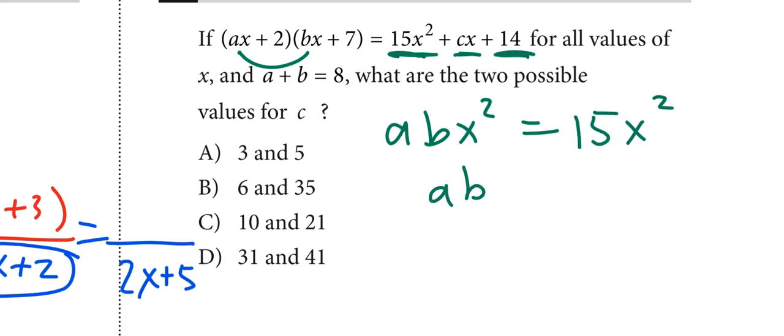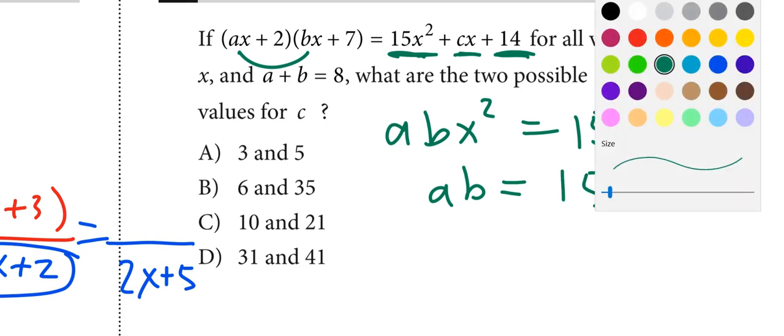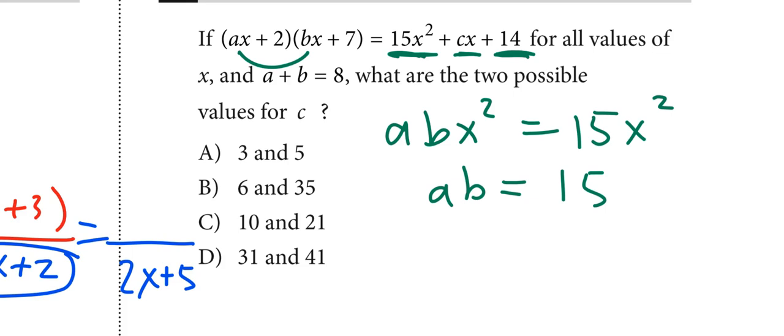What does that tell me about the product of A times B? It's 15. Okay, so that's helpful. At least we know the two numbers multiply together to give me 15. We also know that A plus B is equal to 8. Can you think of numbers that multiply together to give me 15 but add up to 8? Yes, sir. 3 and 5.